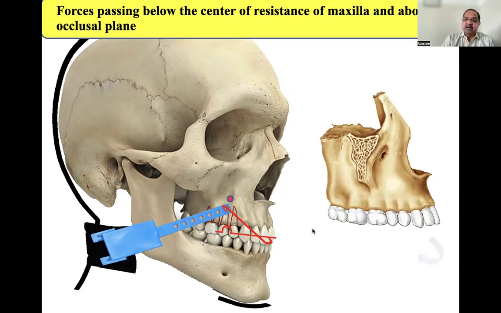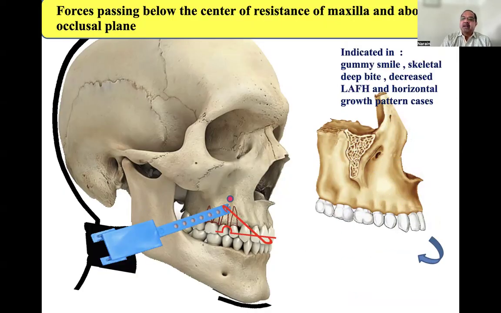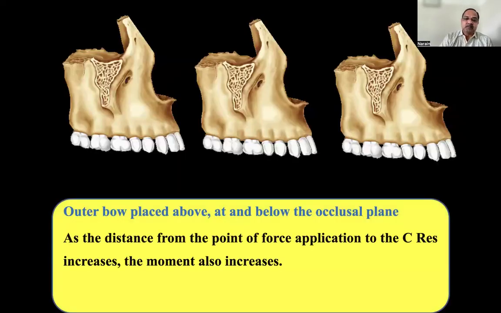What do you expect? A clockwise rotation of the maxilla with extrusion of posteriors and intrusion of anteriors. And this is again indicated in gummy smile, deep bite cases, decreased lower anterior facial height cases, and horizontal growth pattern.